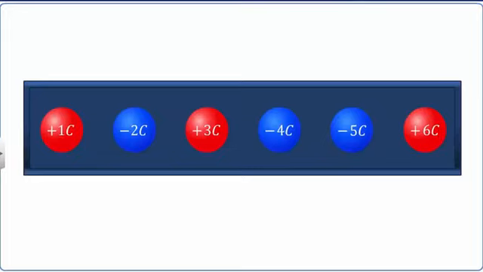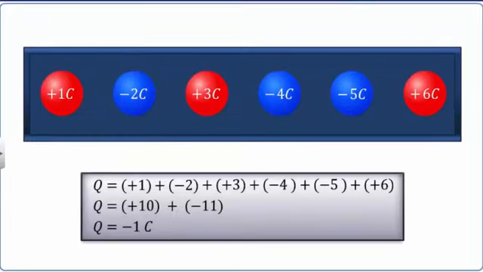For example, if a body is given 6 charges, all in coulomb, say +1, -2, +3, -4, -5, +6, the algebraic sum would be -1 coulomb, which means it is a negatively charged body.